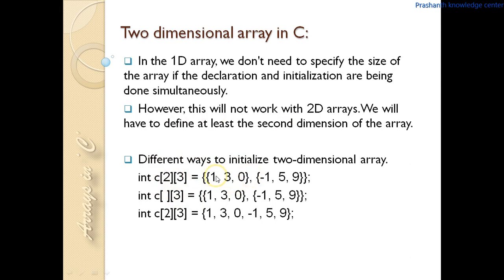These are the different types of initialization and declaration of a two-dimensional array, like this c[2][3], 2 by 3 size, and here I have initialized the values also. Here I have not given the first dimension, but the second dimension is compulsory. I have given the second dimension and initialized the values. Here I have given both dimensions and initialized in single braces. In these three ways we can initialize the two-dimensional array.